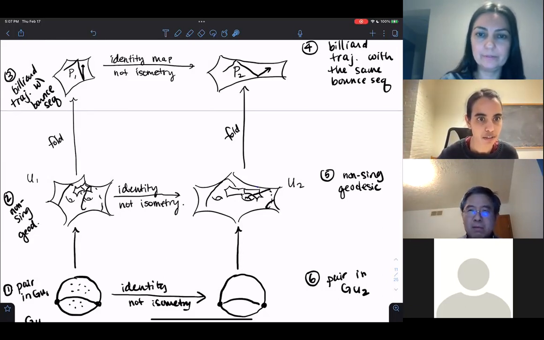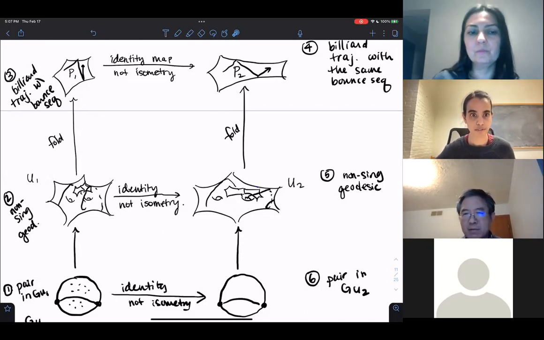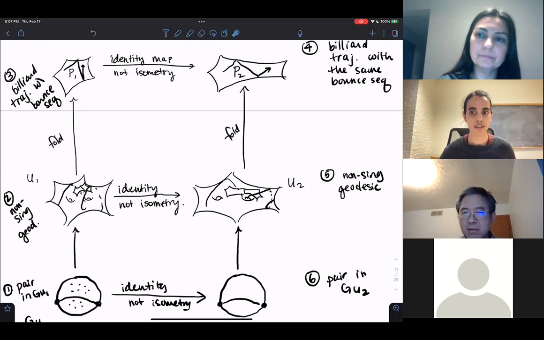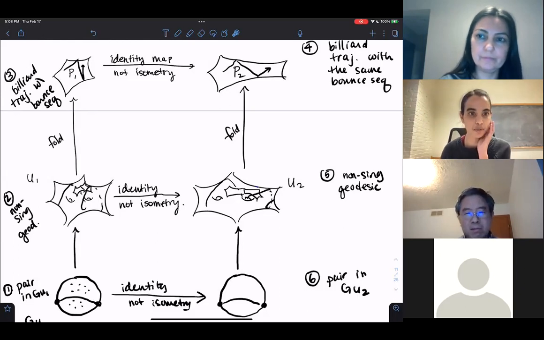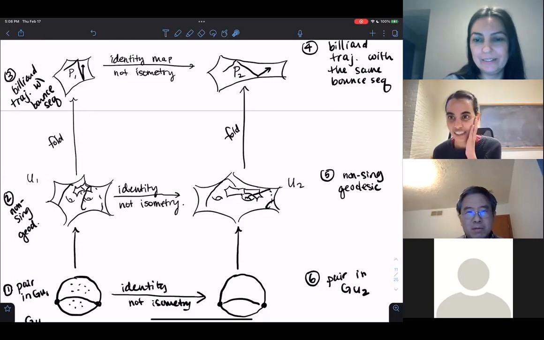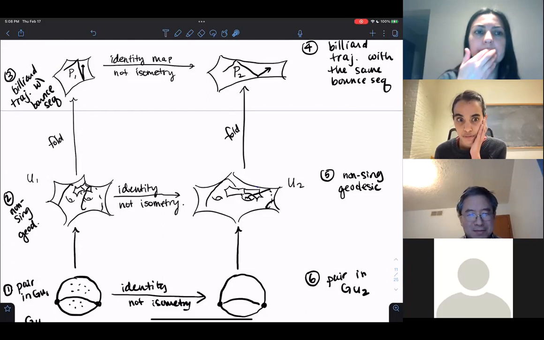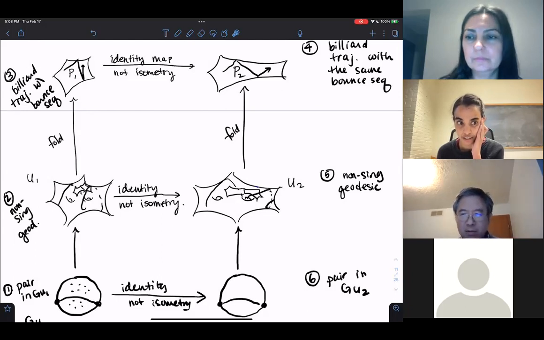And maybe what you mean by GB1 equals GB2 is that two points in the boundary of the first are the boundary of a non-singular geodesic if and only if the image of the two points is in GB2.